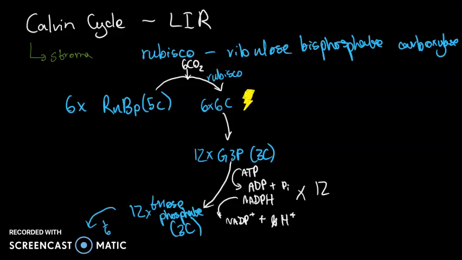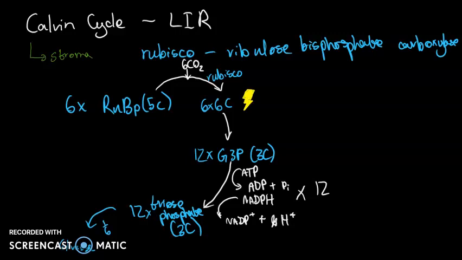To make a 6 carbon compound from 3 carbon compounds, you need 2 of these triose phosphates. So you're going to get 1 glucose molecule from 2 of the 12, which is 1/6 of the triose phosphates. The rest are needed to make RuBP.